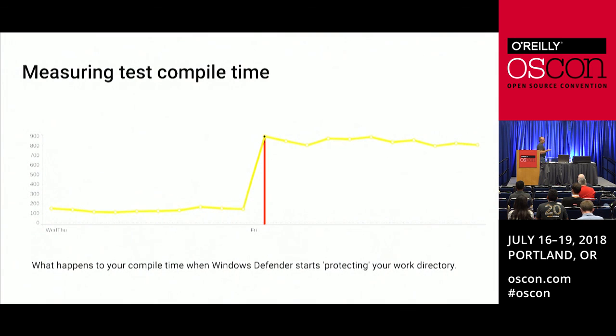This is an alert we got triggered off our compile time. Nothing with the performance metrics we were taking. We just saw this tripling, quadrupling, quintupling of the time it took on Windows to compile. And this is what happens when an update comes through and Windows Defender gets turned on and starts protecting your work directory. This tends to slow down the compiler and the whole system.